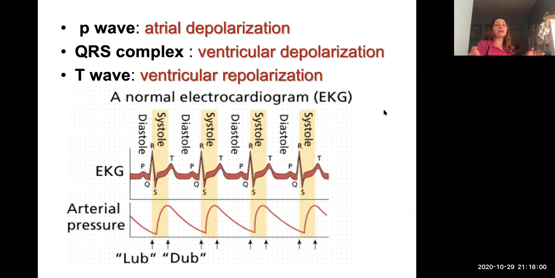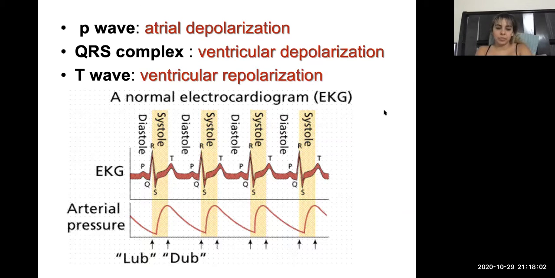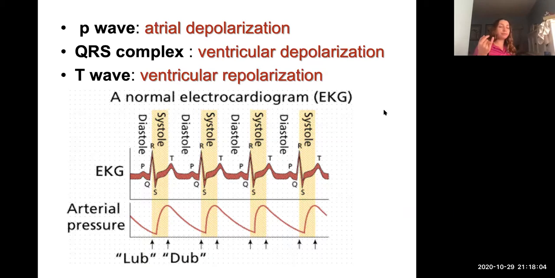I'd also put on your note card that halfway through the P wave is atrial contraction, halfway through the QRS complex is ventricular contraction, and halfway through the T wave is relaxation of the ventricles.